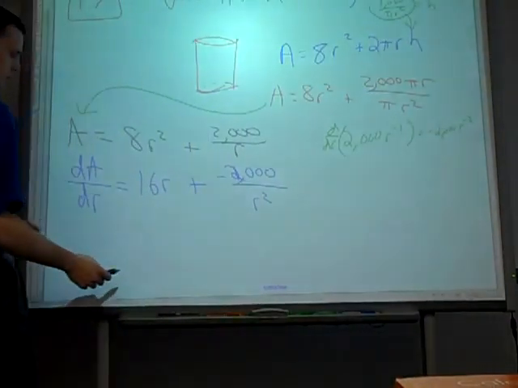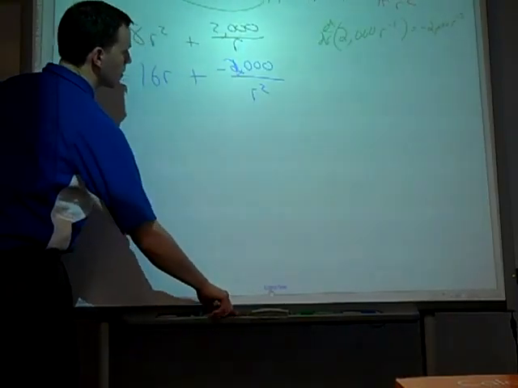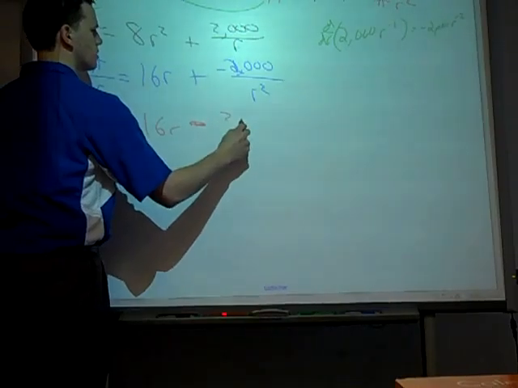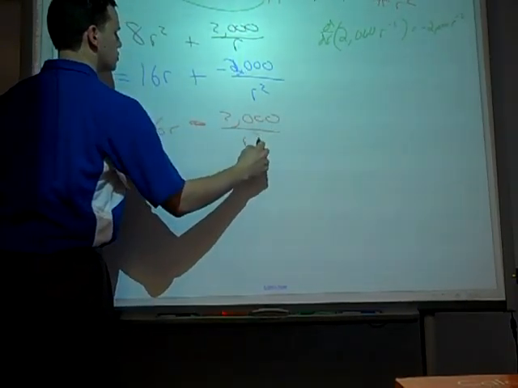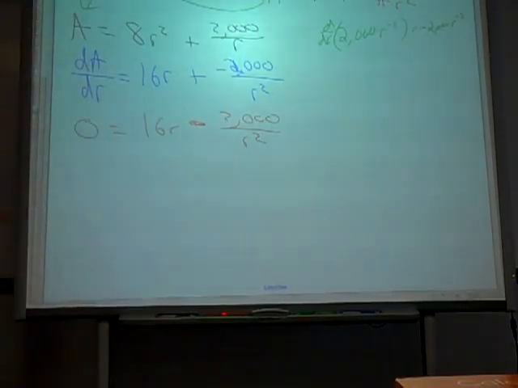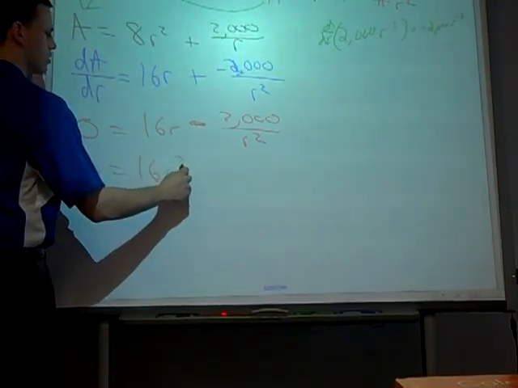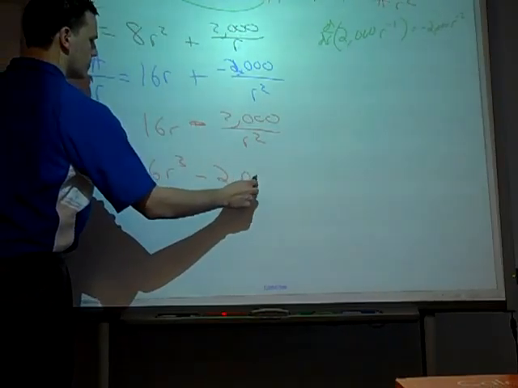Set this equal to 0. So 0 equals 16r minus 2000 over r squared. We can multiply everything by r squared. And we get 0 equals 16r cubed minus 2000.